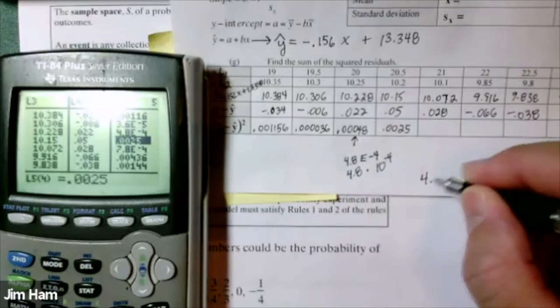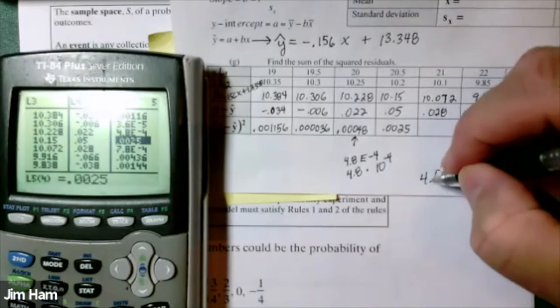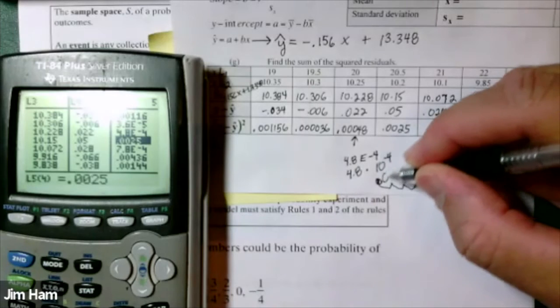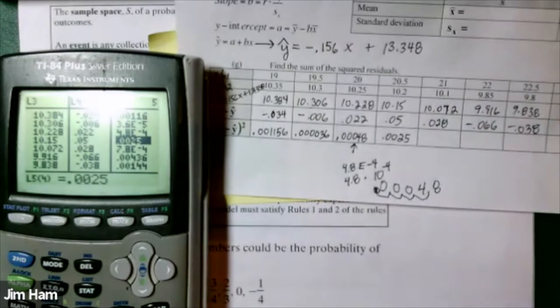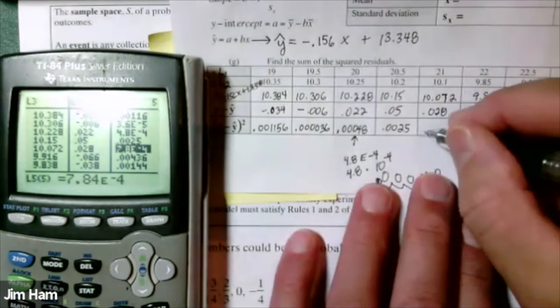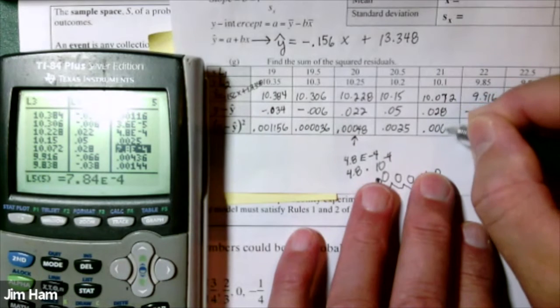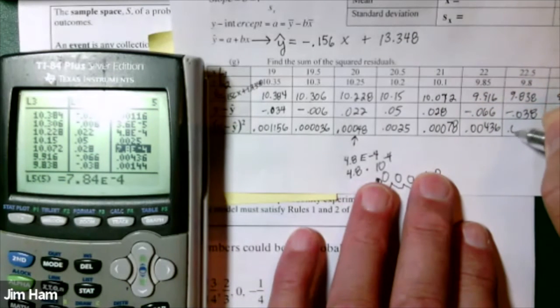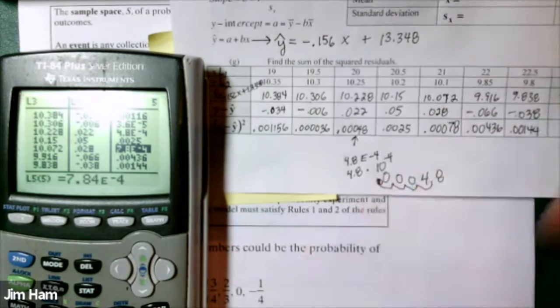So for 4.8, we move it over 1, 2, 3, 4 spots and insert zeros accordingly. Scientific notation. All right. And then the next one is 0.00078, 0.00436, 0.00144, and so on.